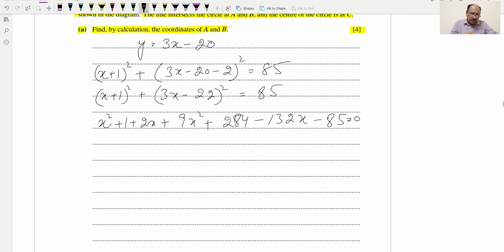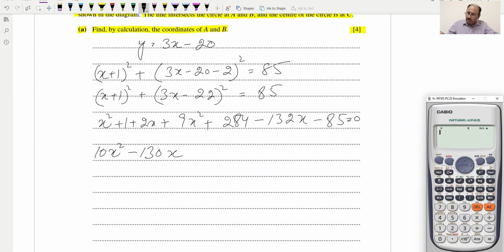So 9x squared plus x squared will be 10x squared, and the x values, these two, 130x will remain, so minus 130x, and for the constants we can check: 1 plus 284 minus 85 will be equal to 200.